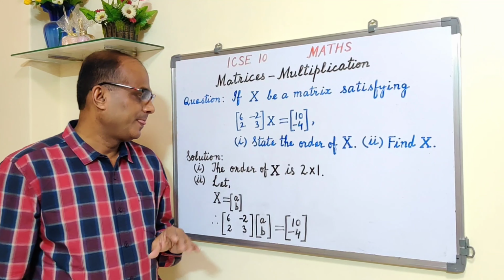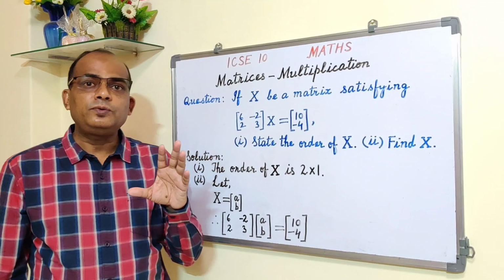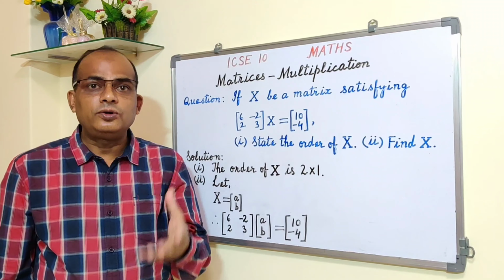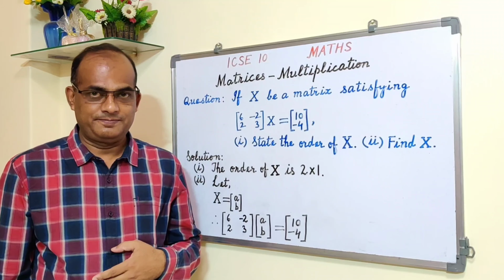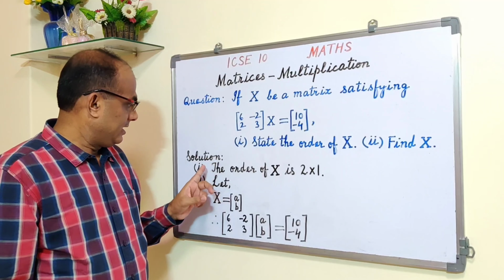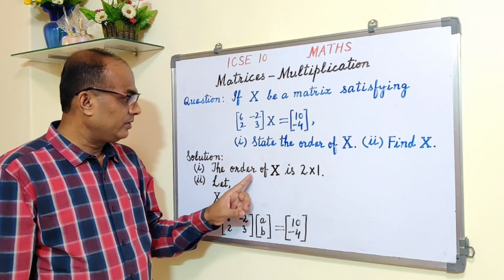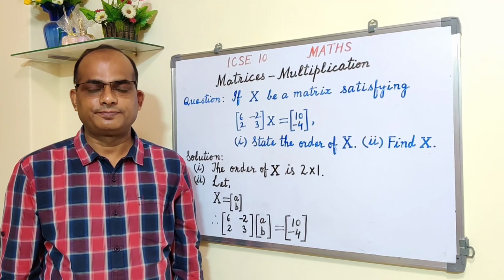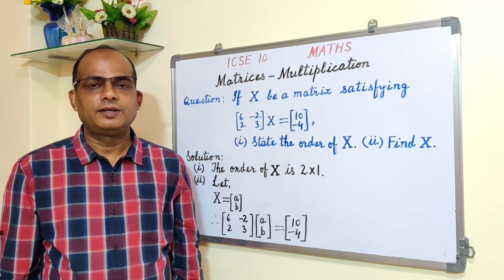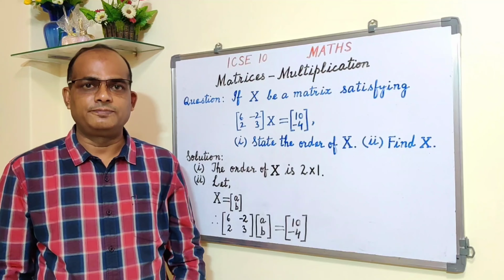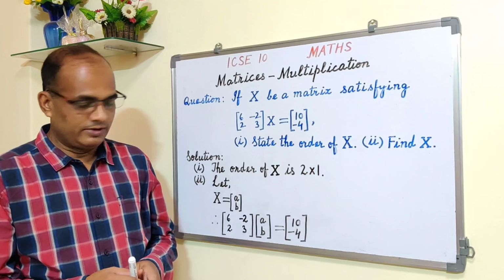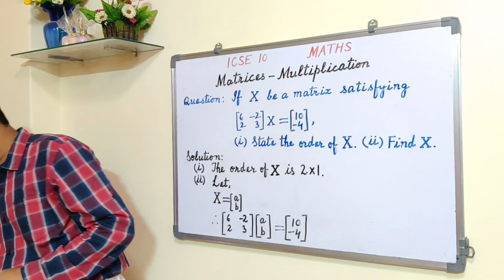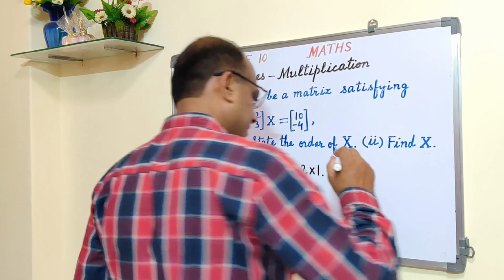Now the solution. How do we find the order of the matrix X? I have written here first that the order of X is 2 by 1, but the question is how? Look here.